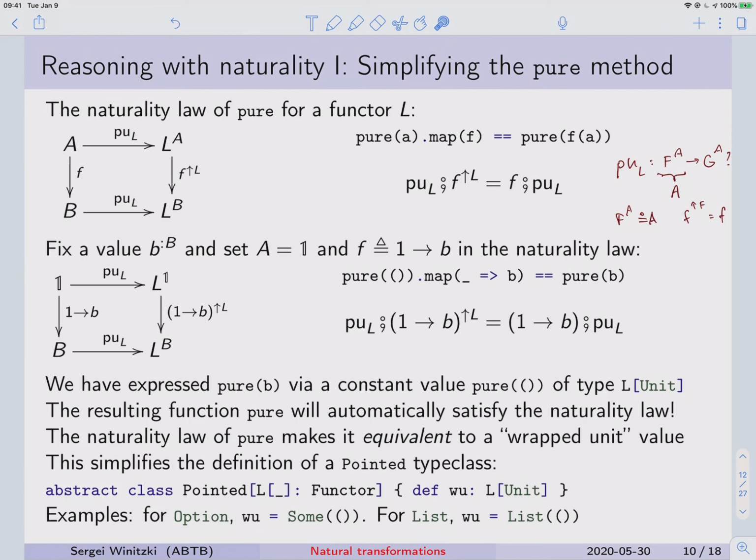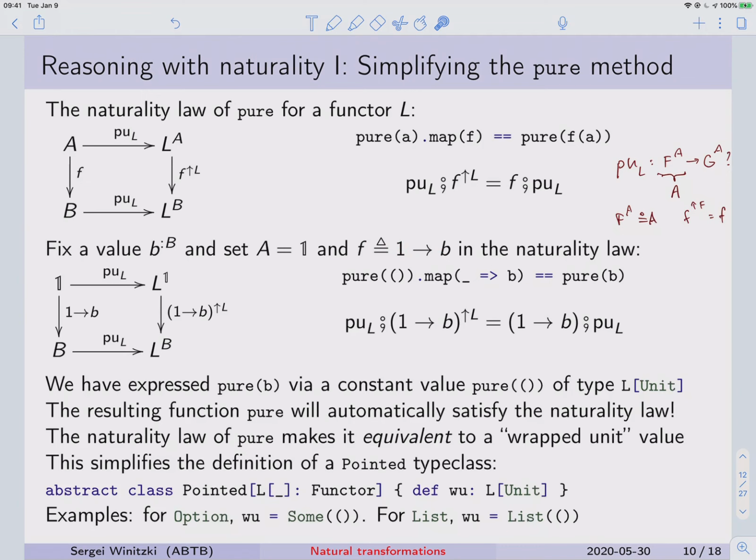This value I denote by just 1 without fat lines. And we are free to set a type A to anything we want, for example, to the unit type. So we can also choose the function f in any way we want, because this law should hold for any f. So let's pick a value b of type b and choose the function f to be a function that takes a unit value and returns this fixed value b.